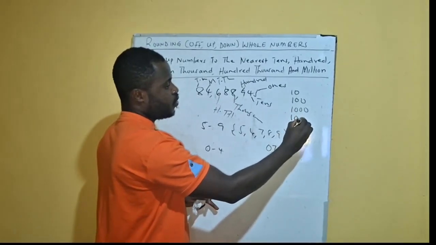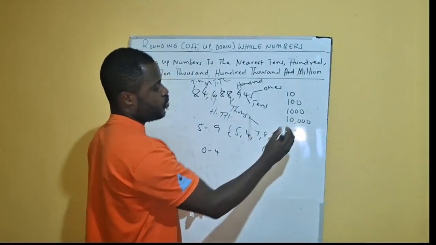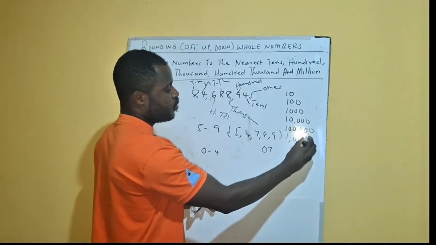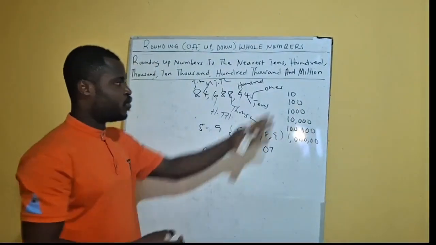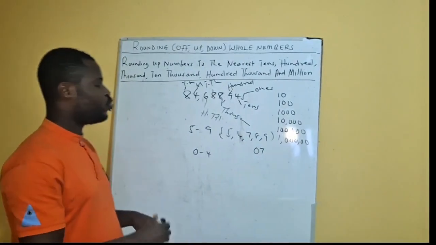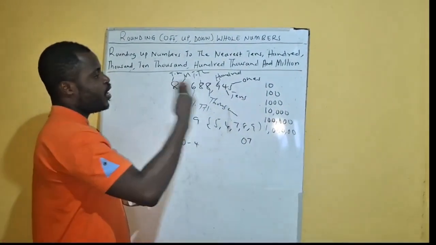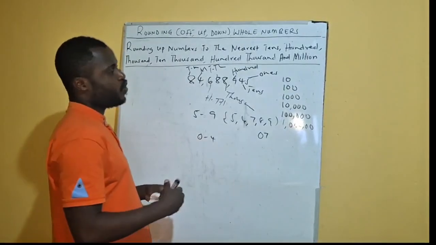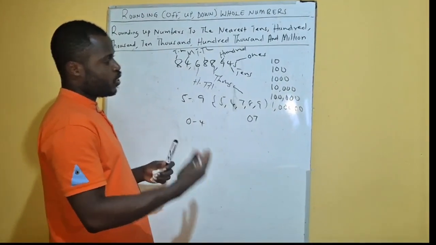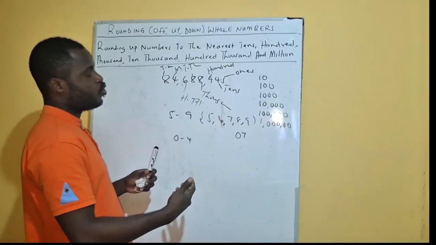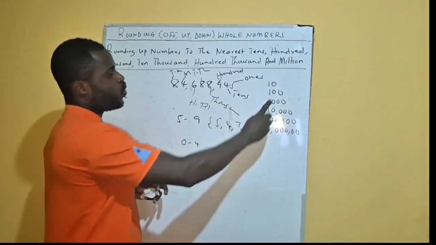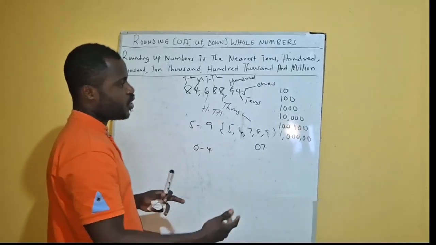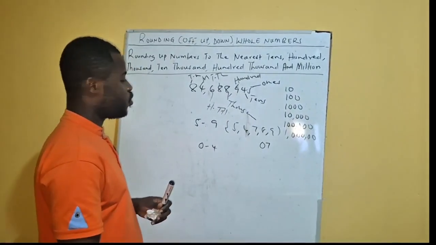To write 10,000, 4 zeros. 100,000, then 1 million. So as we have seen the number of zeros, this means that to round a number to a given 10, 100, or 1,000, there should be a number of zeros expected at the end of the number. So we should understand that to round a number to the nearest 10, we expect 1 zero to end the number. The nearest 100, we expect 2 zeros. Nearest 1,000, 3 zeros, and so on and so forth.